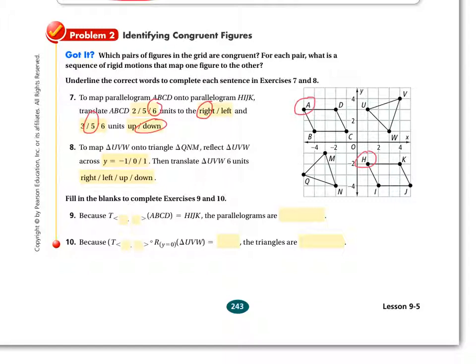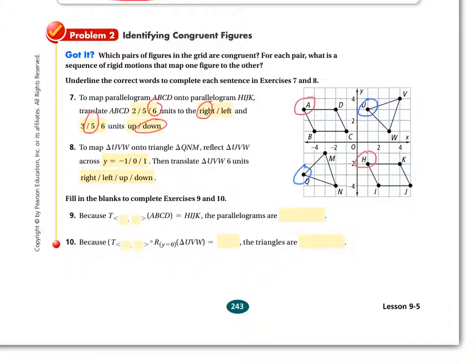Number 8's a little bit more difficult: map UVW onto QNM. So we're going from here to here. So obviously U corresponds to Q, right? Those correspond.